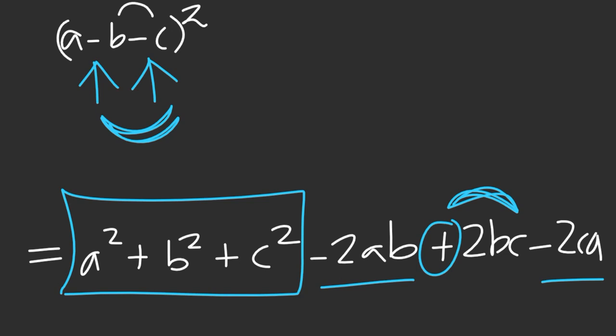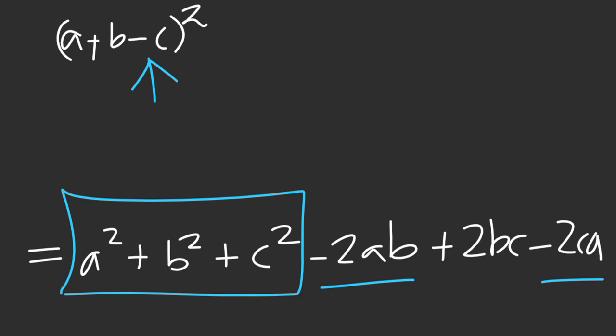But when there was only one negative sign, then you need to put the negative sign wherever this negative term appears. So it appears on BC, so negative, it appears on CA, they are also negative, but it doesn't appear on 2AB, hence it should be positive.